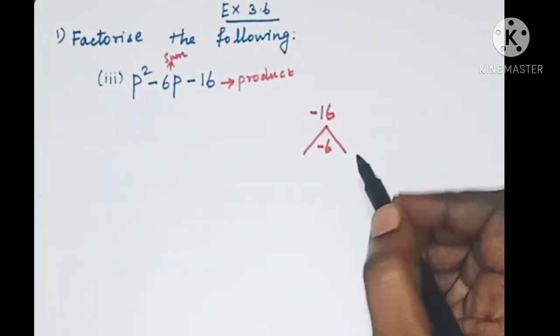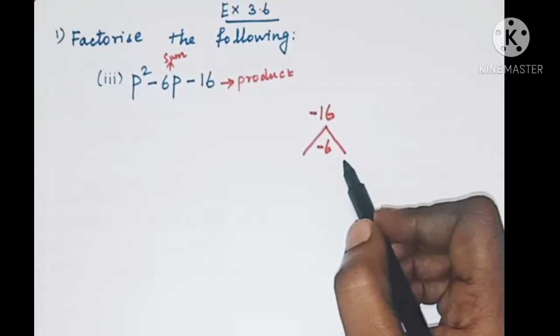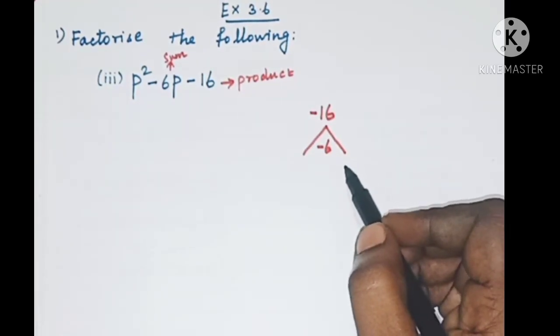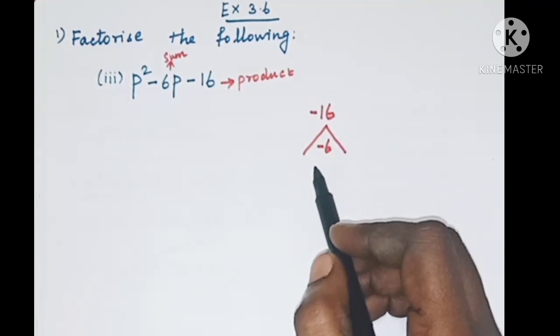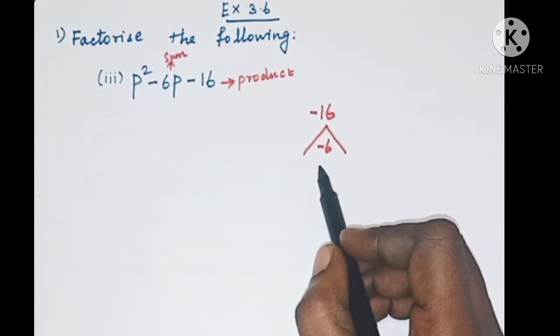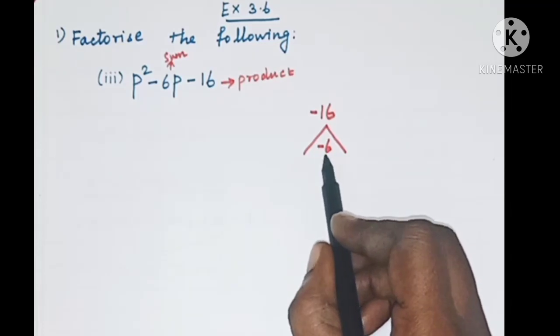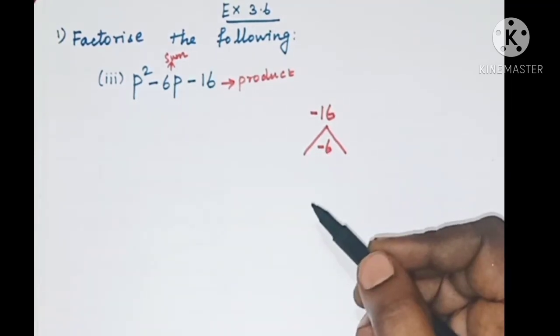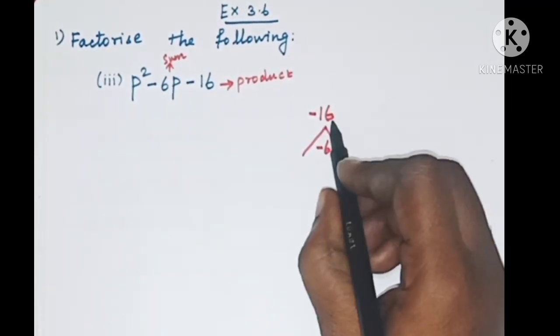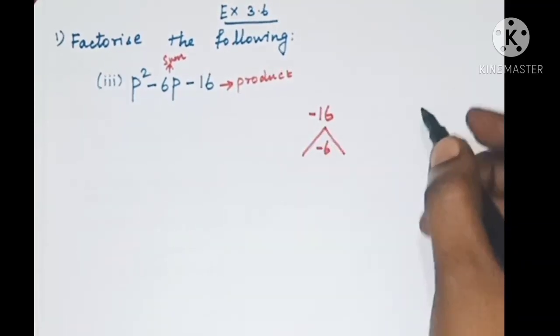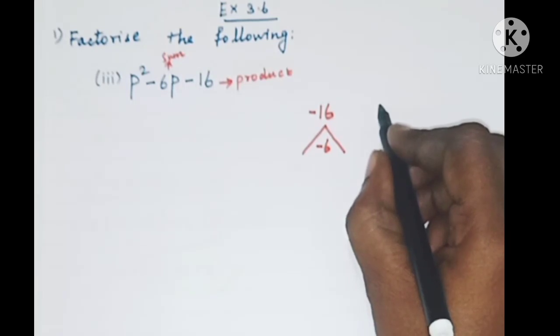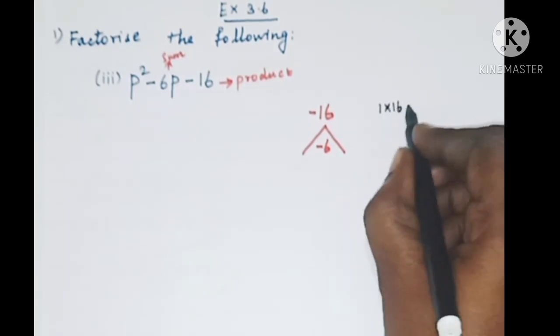Now we have to identify the two numbers. If we multiply the two numbers, we should get minus 16. If we add or subtract the two numbers, we should get minus 6. Let's identify the two numbers. For that we have to identify the factors of 16. So what are the factors of 16? 1 into 16 is 16.